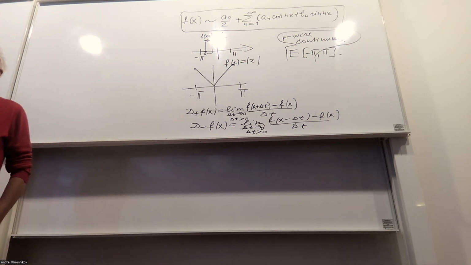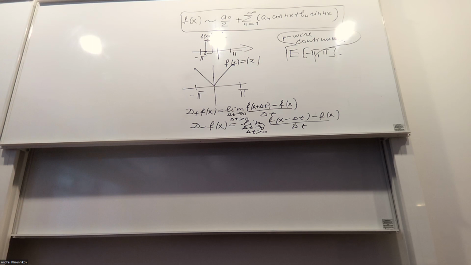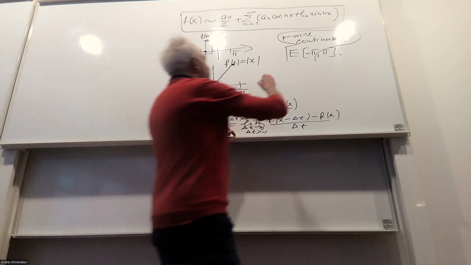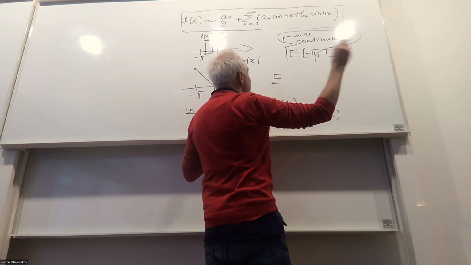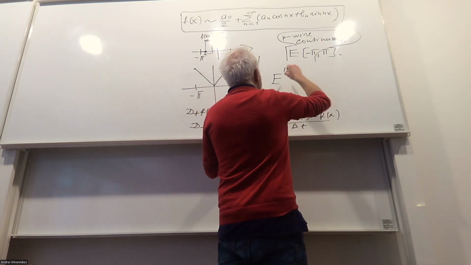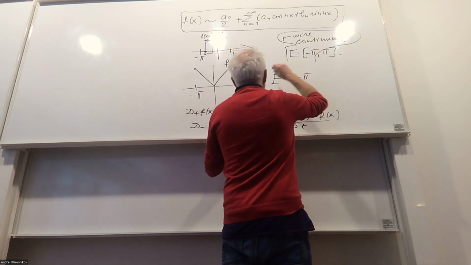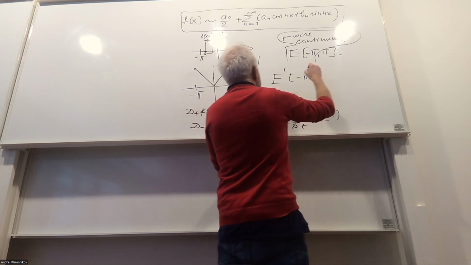Okay, so now we are ready to define the class of functions for which we want to prove pointwise convergence of the Fourier series, not L2, but pointwise. So we define this class, denoted by means of derivatives.